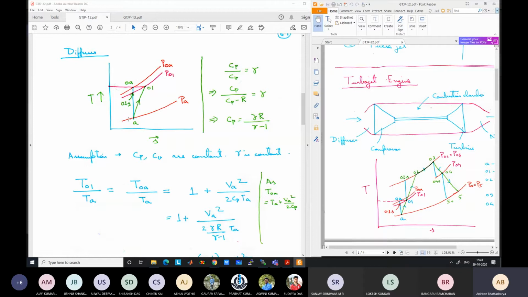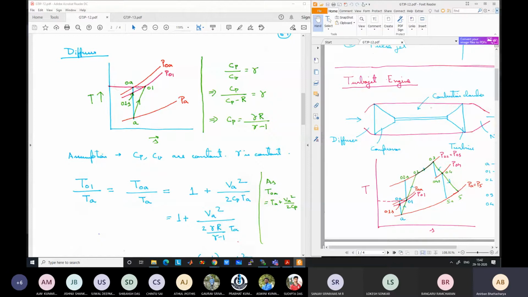And what happens to the entropy? The entropy increases. So basically the actual line deviates from the isentropic line as shown here by the green line. The blue line is the isentropic line, the green line is the actual line. So it deviates to the right hand side, similar to the compressor process, but it ends at the point where the temperature is equal to T0A.